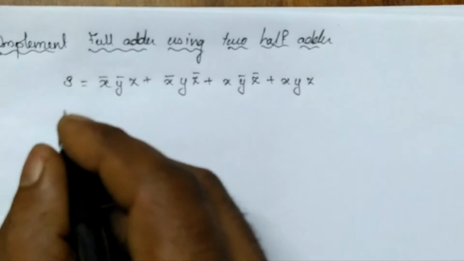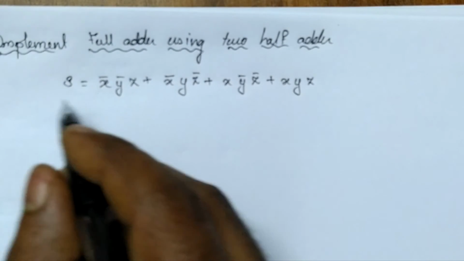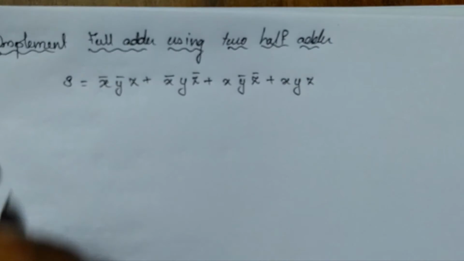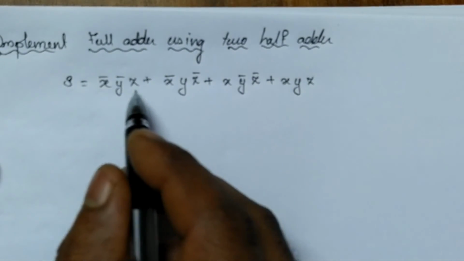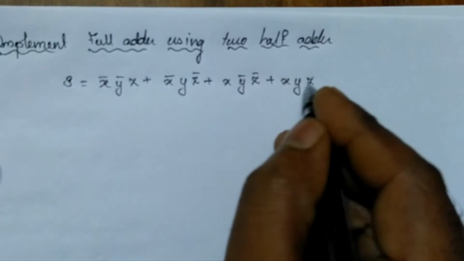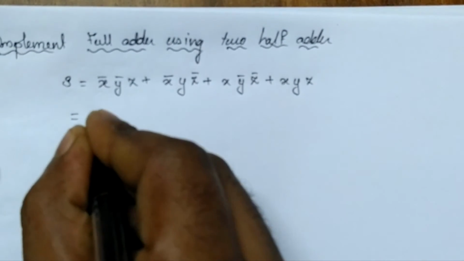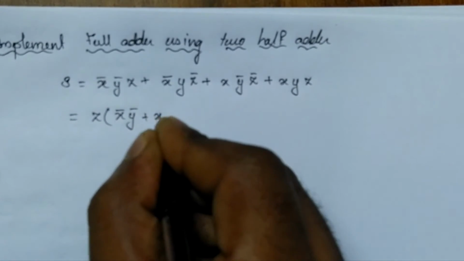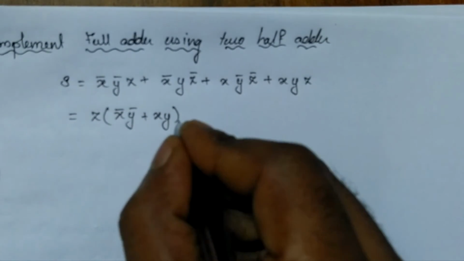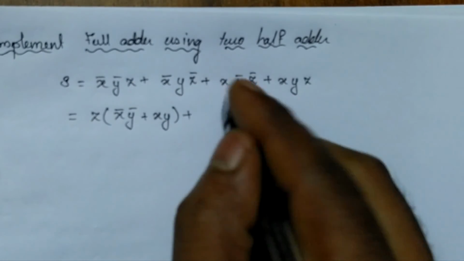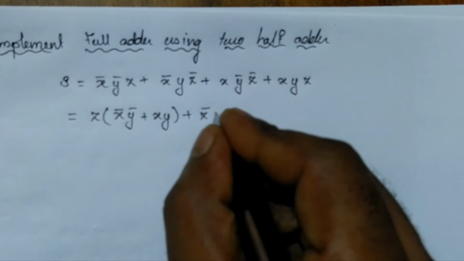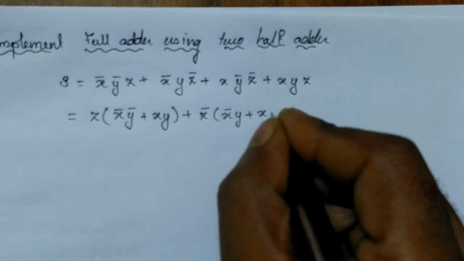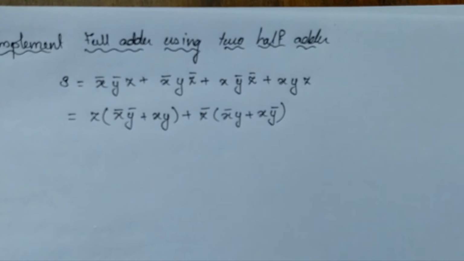Okay, so here first, I am going to take the common term outside. First I am going to take z as common outside. Between these two terms we can take z common. Therefore z into x bar y bar plus x y, plus between these two terms we can take z bar common outside. Therefore z bar into x bar y plus x y bar.